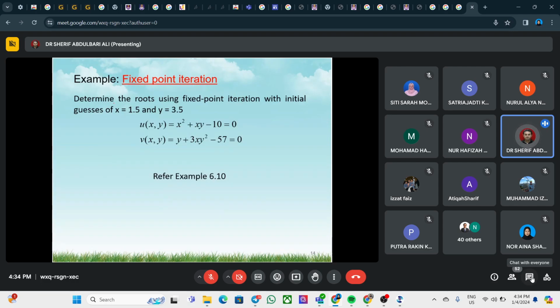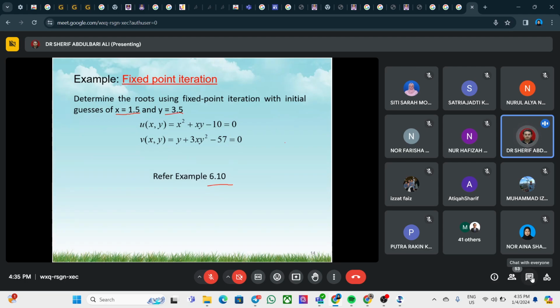In this case, this is the coming example for the fixed point iteration. Since it's not a new method, we're going directly to the example, which is example 6.10 in your textbook. I have two functions here, and two initial values given in the example: x initial is equal to 1.5 and y is equal to 3.2.